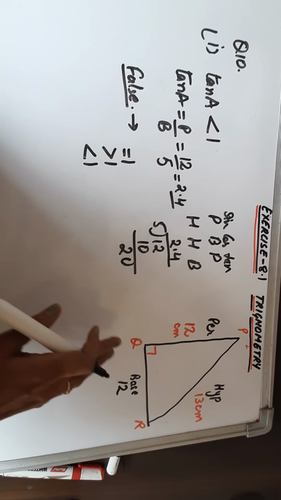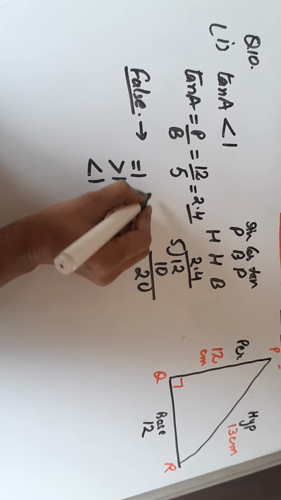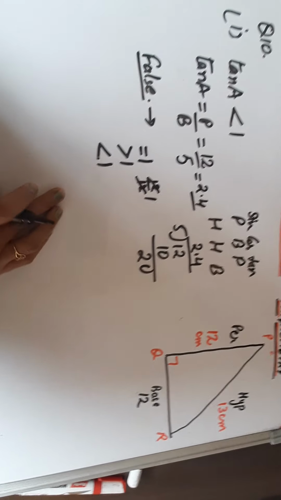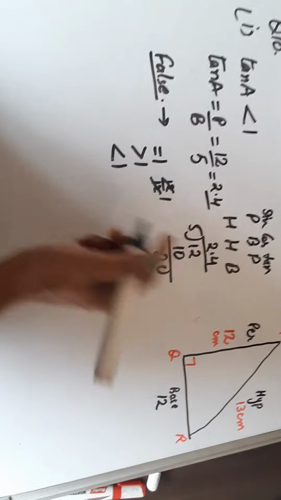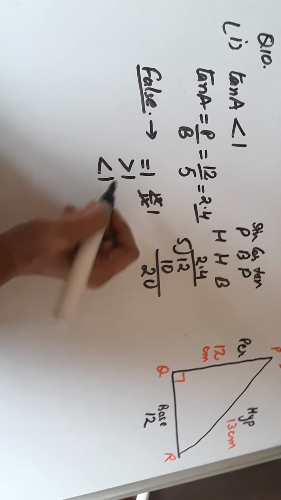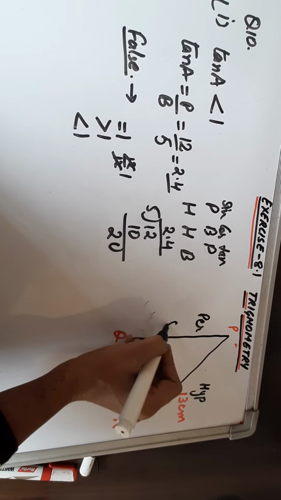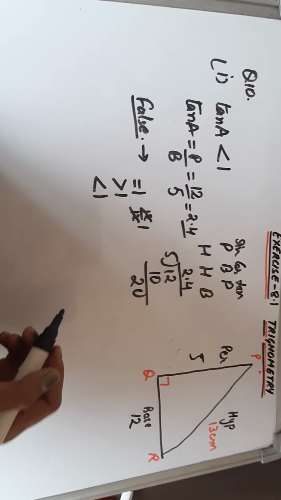So you can take the example, if the perpendicular and base both are equal like this 12 by 12, then you'll get equal value. If perpendicular is greater than base, like this example I've shown you, then the value of tan will be greater than 1. If I reverse the values, if I take perpendicular as 5 and base as 12, then you'll get the value as less than 1.